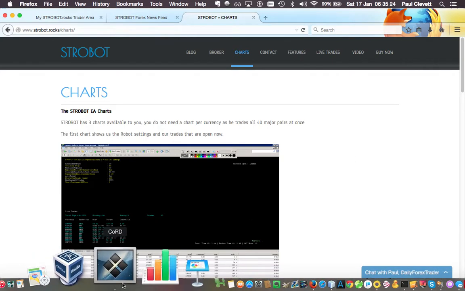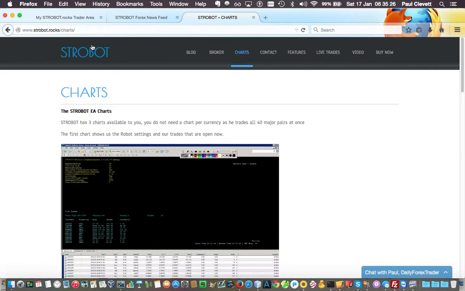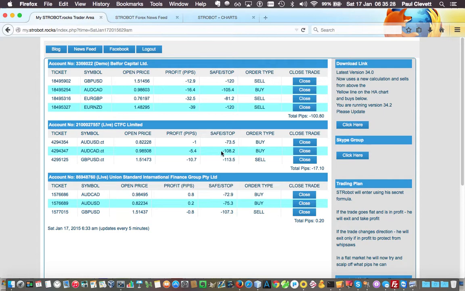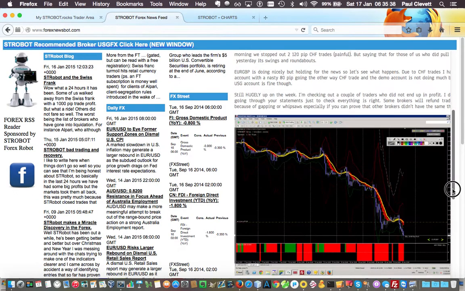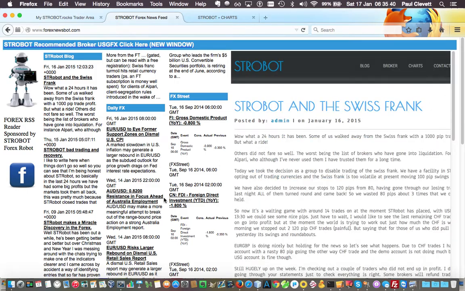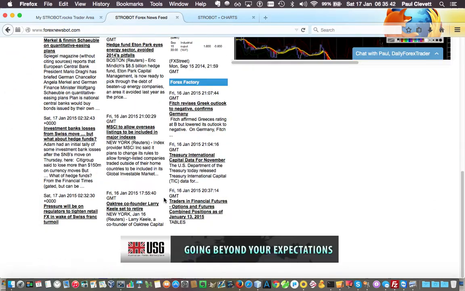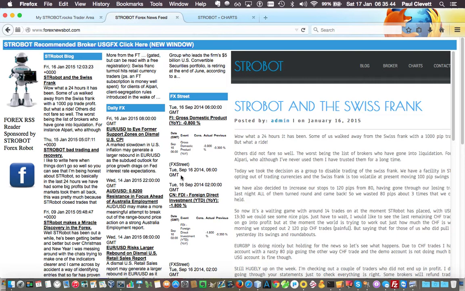So the other thing about this is we've got a thing called the traders portal, STROBOT.rocks. You can close trades from here on the web. We've also got this FOREX news feed that allows you to see posts from STROBOT. We've got different news feeds that are updated live.